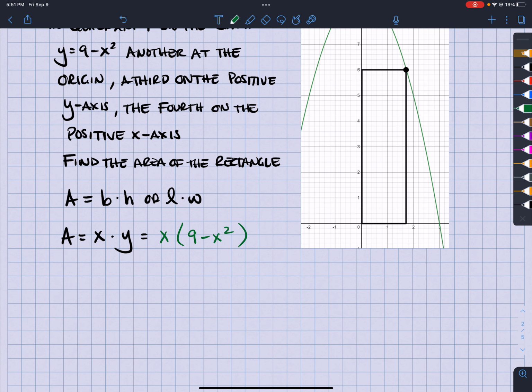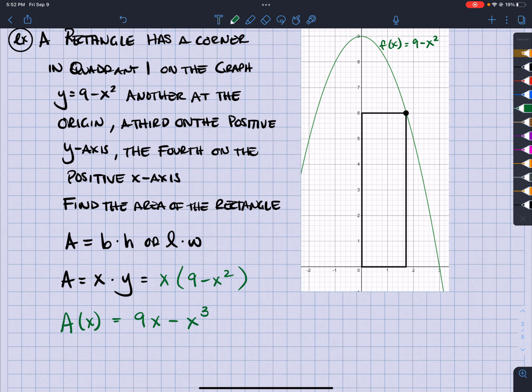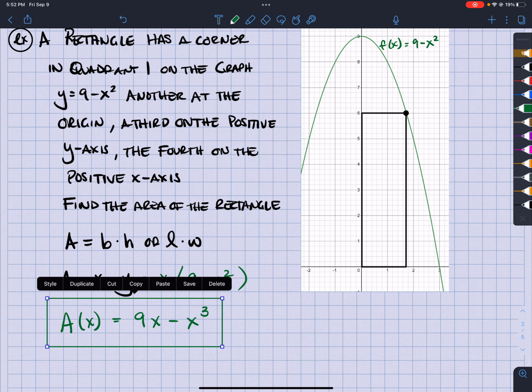With that being said, the area now became a function, and that's going to be 9x minus x to the third. Okay? So that is my area. There we go. All right.